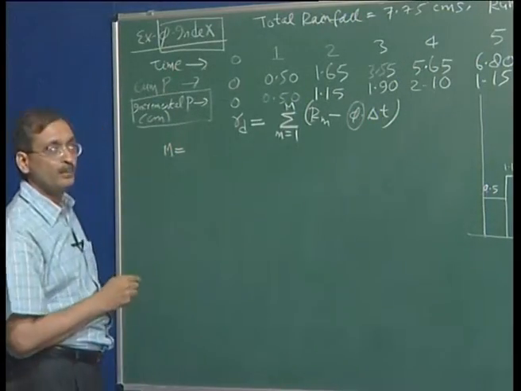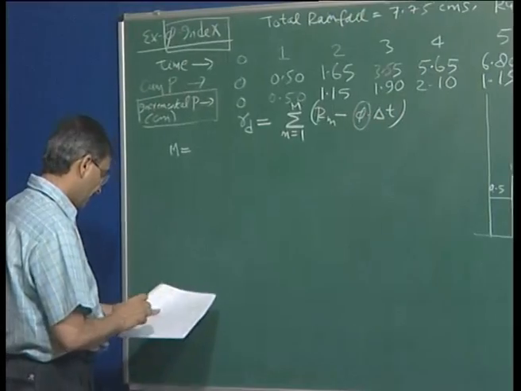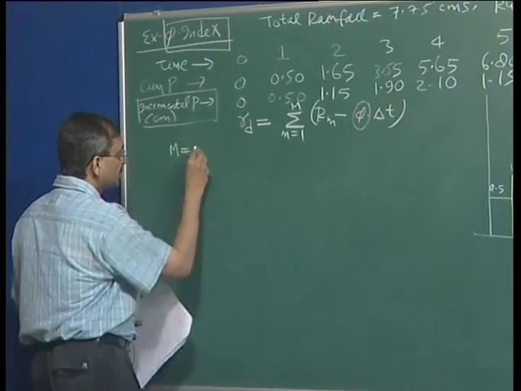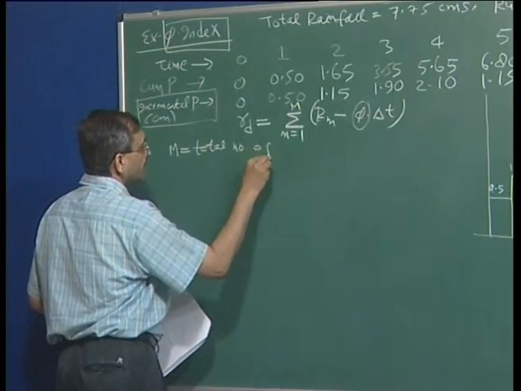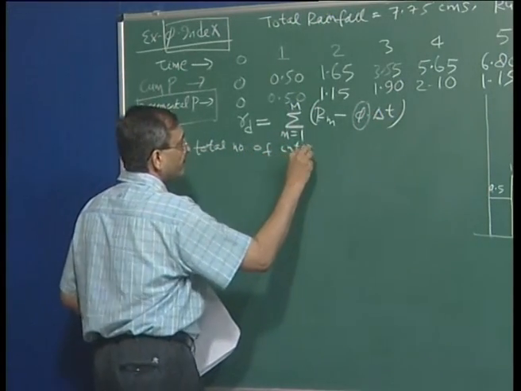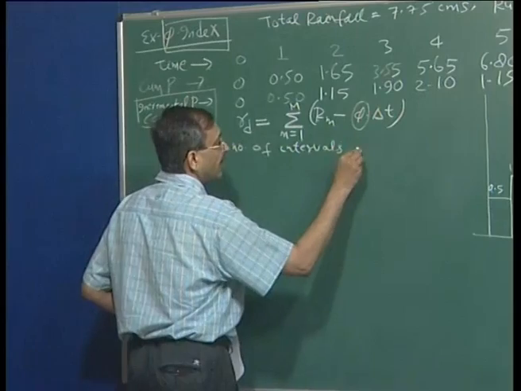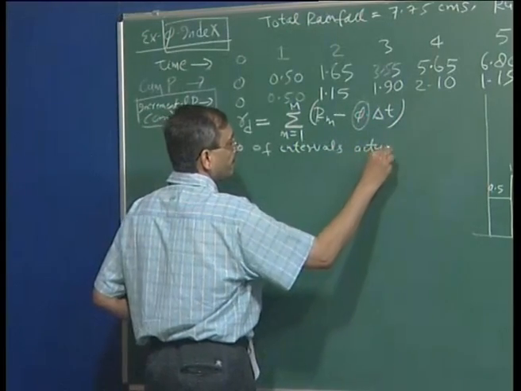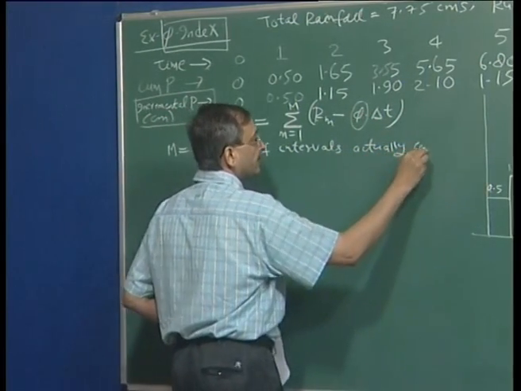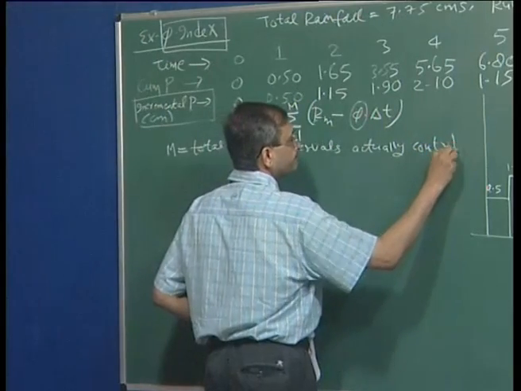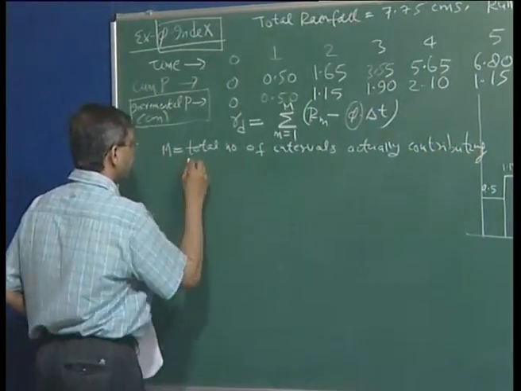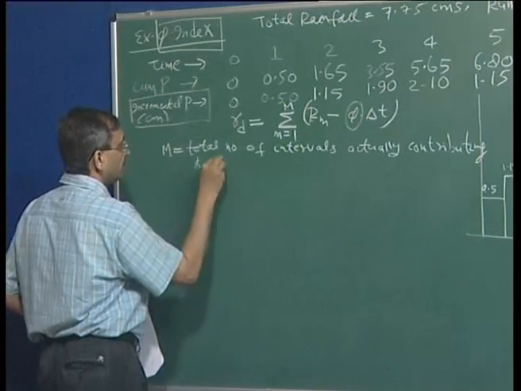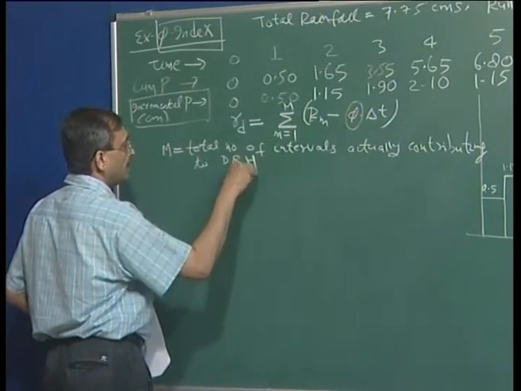This is something very important to understand. Capital M is the total number of intervals actually contributing to the direct runoff hydrograph.